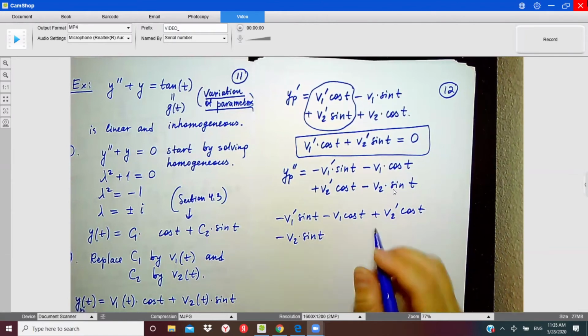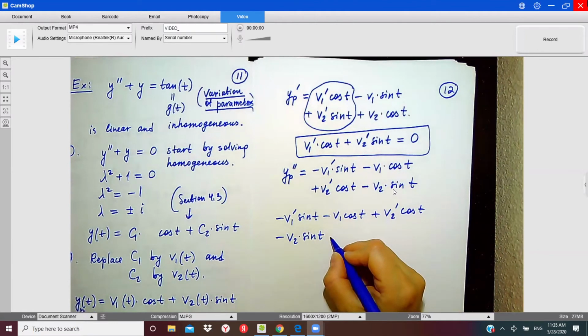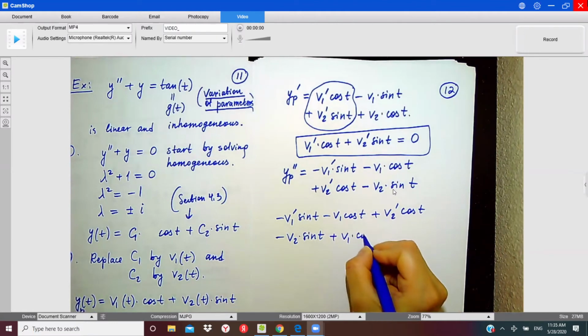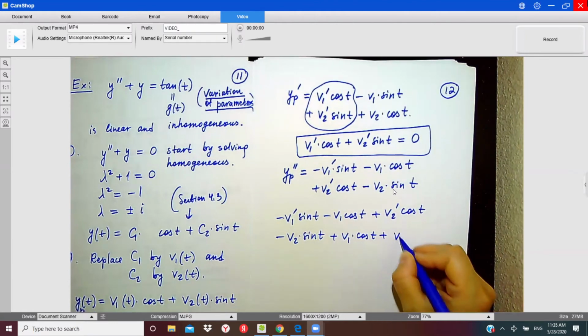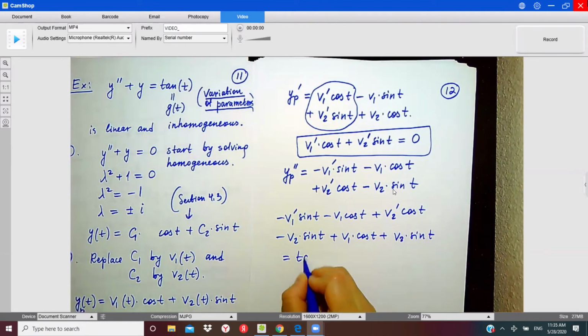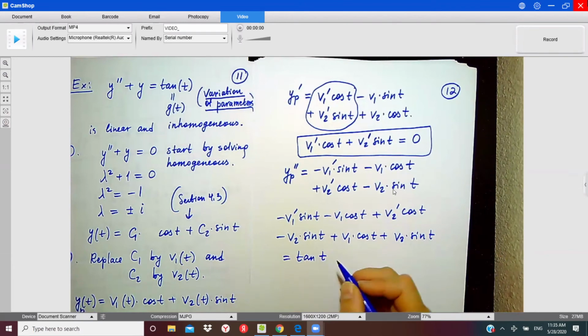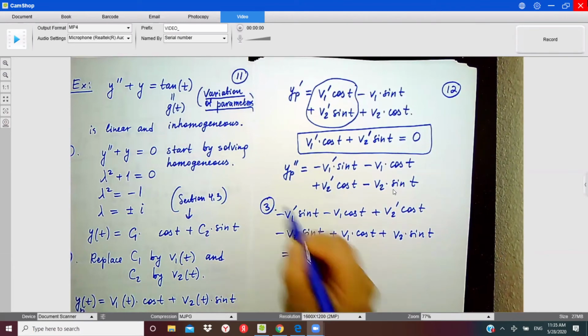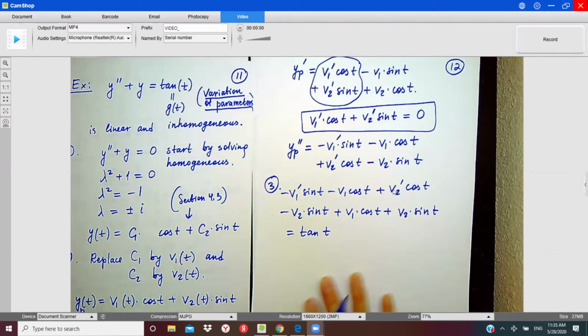That's just the second derivative plus y, v sub 1 cosine t plus v sub 2 sine t equals tangent. So this is the inhomogeneous problem. This is step number 3 when we return to the inhomogeneous equation.